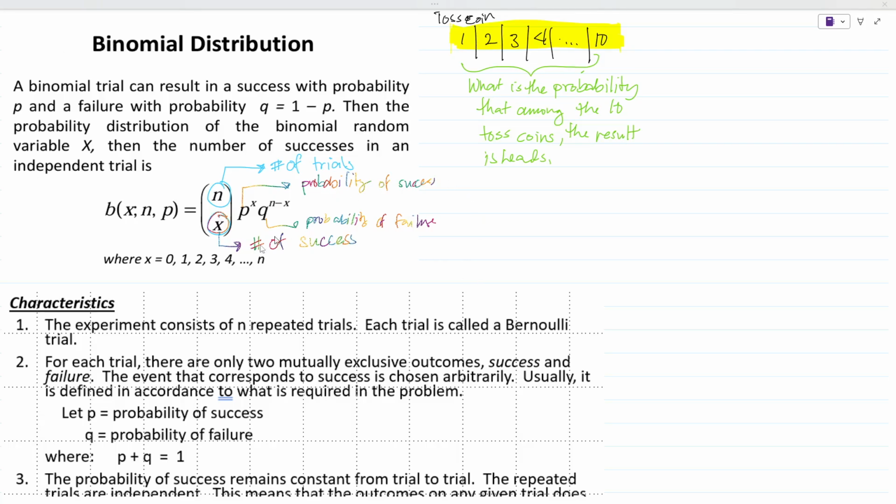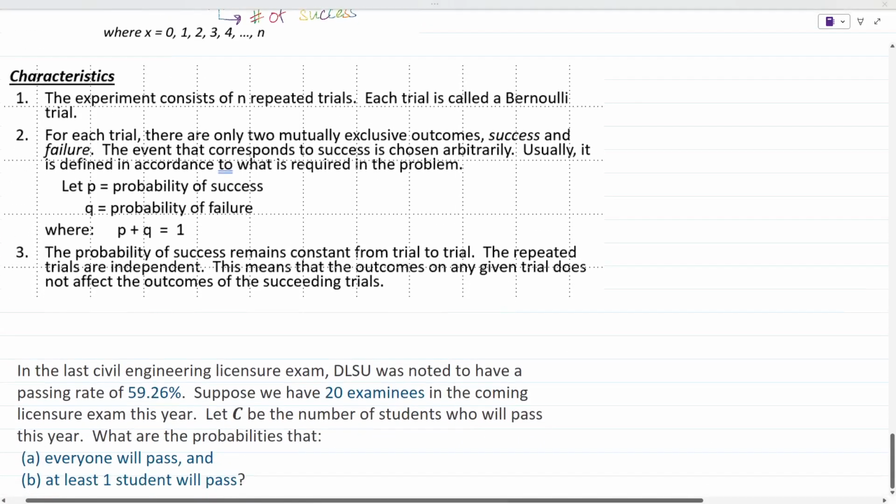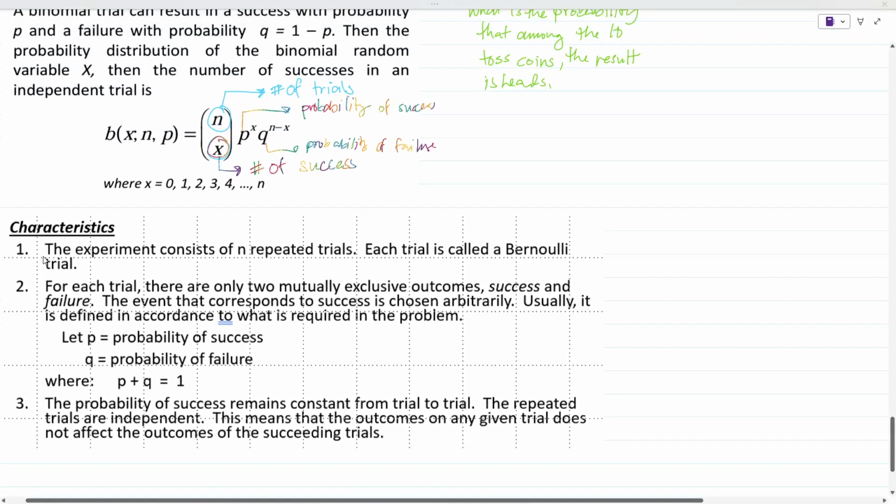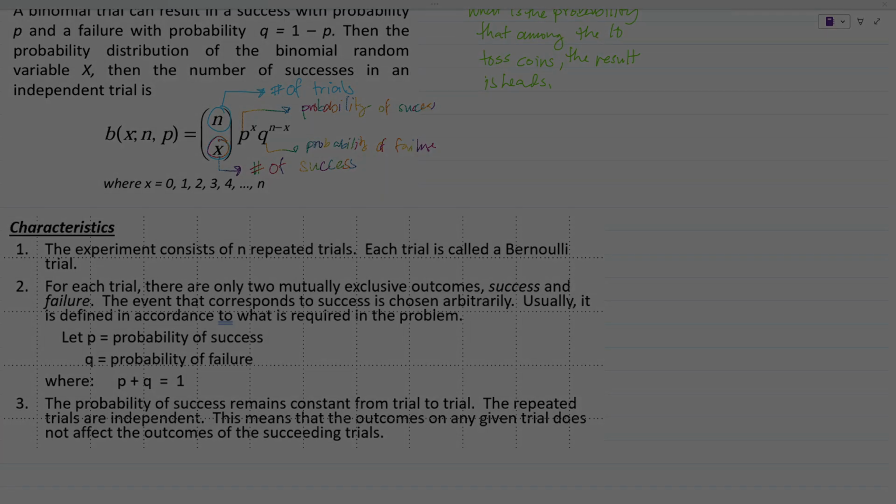Okay? Now, as you can see here, okay? So, yan lang naman yun, yung dapat tandaan. Now, ang isa pang part na dapat nating matandaan is of course yung mean and variance niya. So, ito yung mean and variance niya.